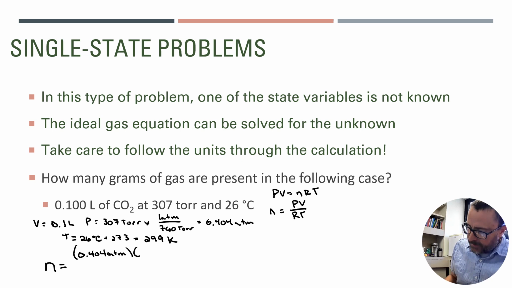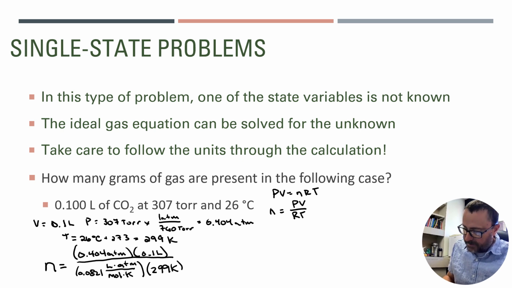So pressure times our volume of 0.1 liters divided by our R. Our R is 0.0821 liters times atmospheres per moles times kelvins, times our temperature, 299 Kelvin.